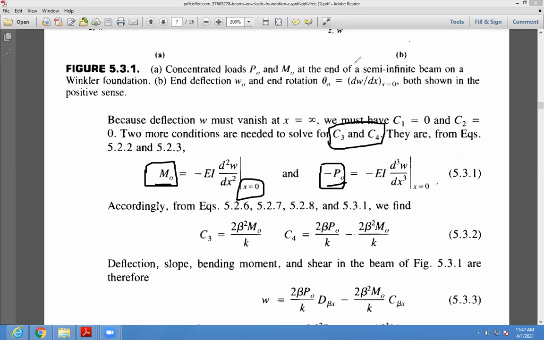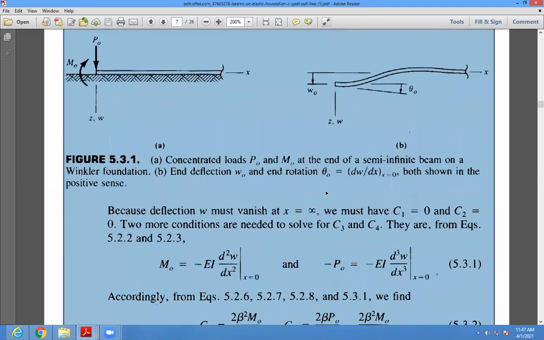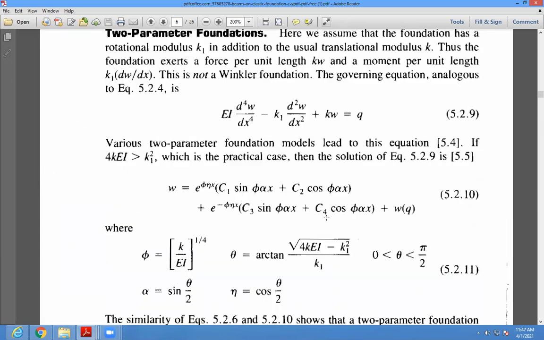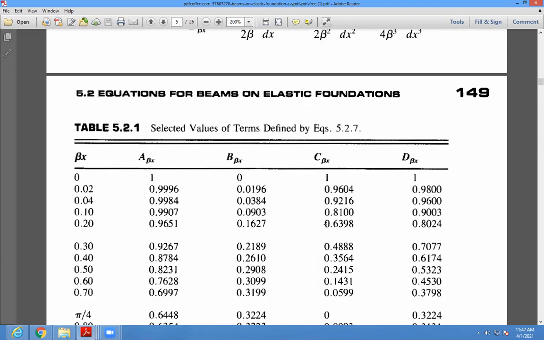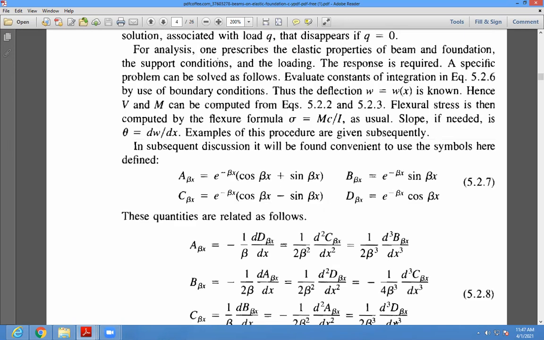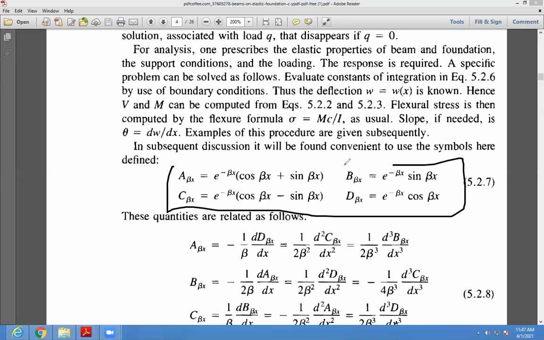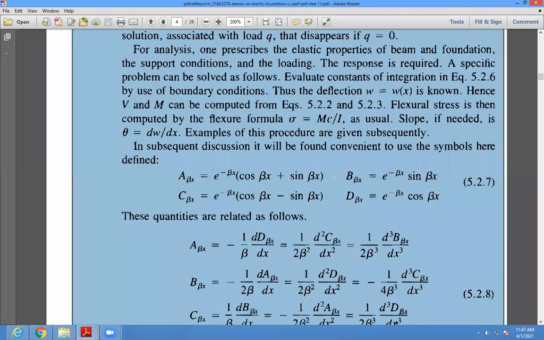Now we know the equations of A beta x, B beta x, C beta x, D beta x, which we discussed in the last lecture. We have to use these equations for calculating the values of C3 and C4.